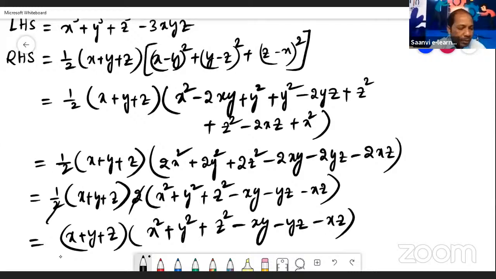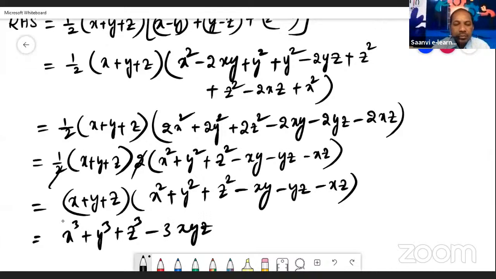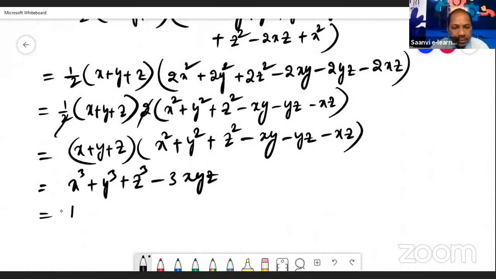So directly we have the formula here. Okay. So it is in the form of (a plus b plus c) into (a square plus b square plus c square minus ab minus bc minus ca). So what is this formula? This formula is a cube plus b cube plus c cube minus 3abc. It means x cube plus y cube plus z cube minus 3xyz. Okay. So this value is equal to how much? It is equal to LHS now, right? LHS. So hence verified.